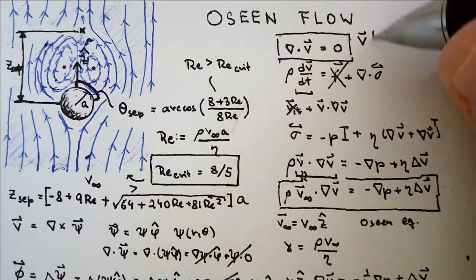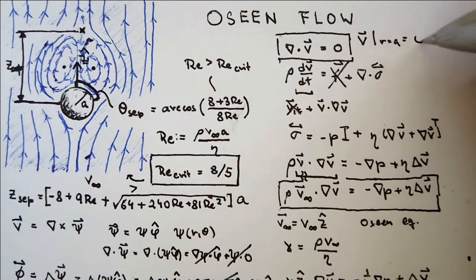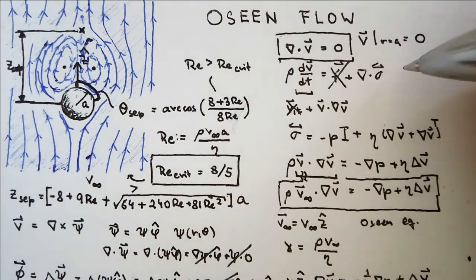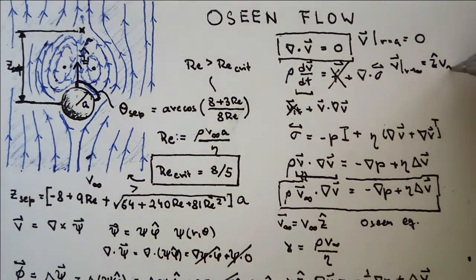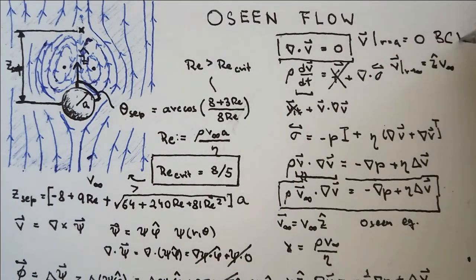The velocity at r equal to a is 0. There is no moving fluid on the surface of the sphere. And the second condition is that V at r equal to infinity is proportional to the vector field z hat times V infinity. These are two important boundary conditions.